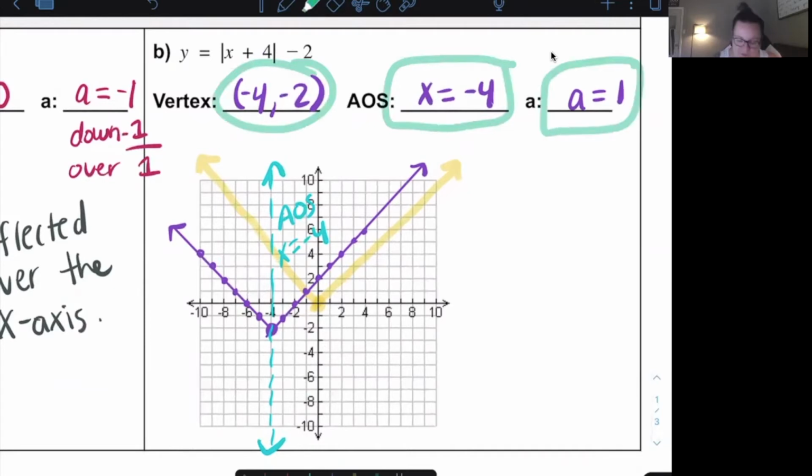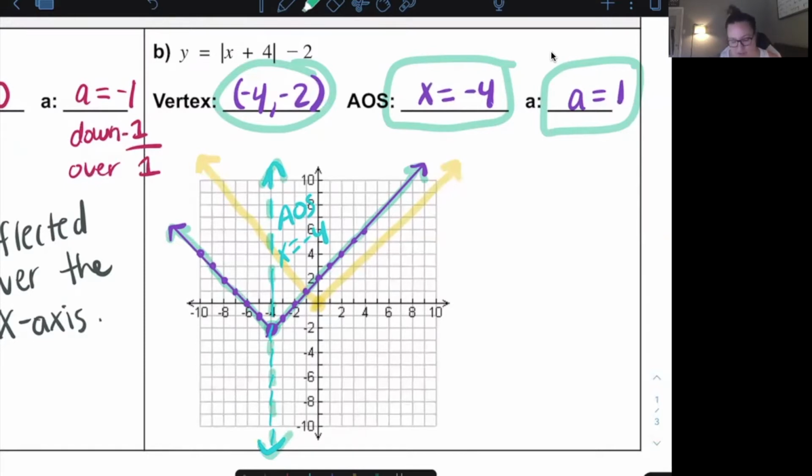I put my vertex at -4. I went up 1 over 1, up 1 over 1. And then I went up 1 over 1 in the opposite direction as well. For my axis of symmetry, it's a vertical line through x equals -4. I put a dashed line, and I was sure to label it AOS, x equals -4.